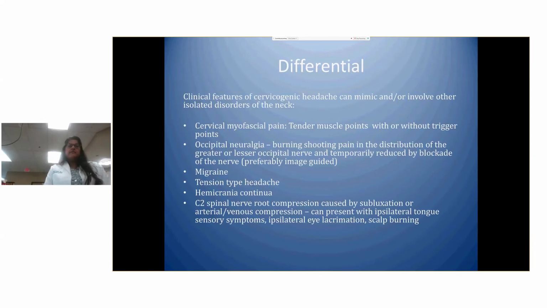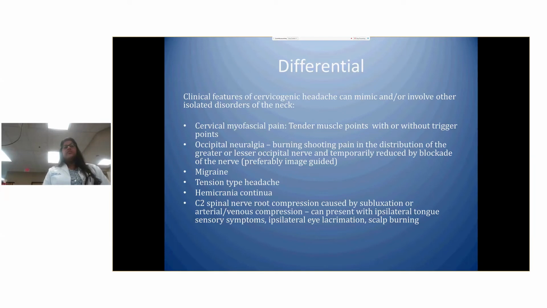Differential diagnosis. This first slide is showing a differential which can include, you can see this in a cervicogenic headache, or you can see it separately. These are clinical features of cervicogenic headaches which can mimic and or involve other isolated disorders of the neck and can also be seen sometimes in cervicogenic headaches.